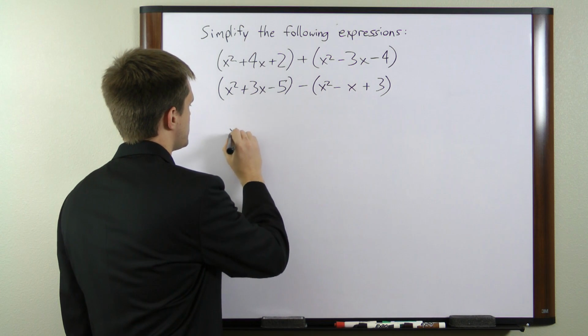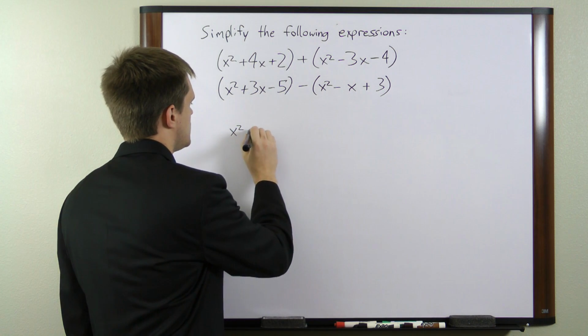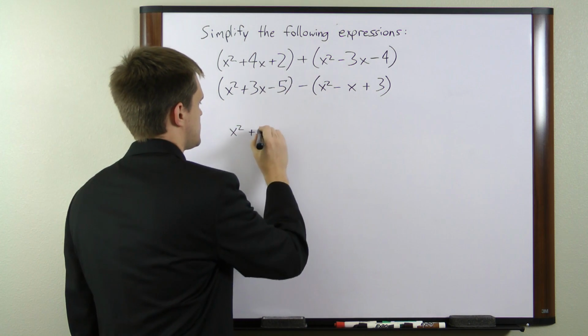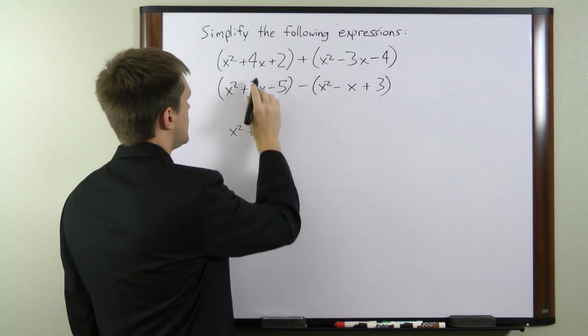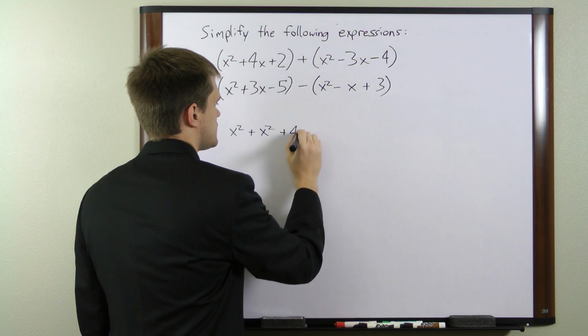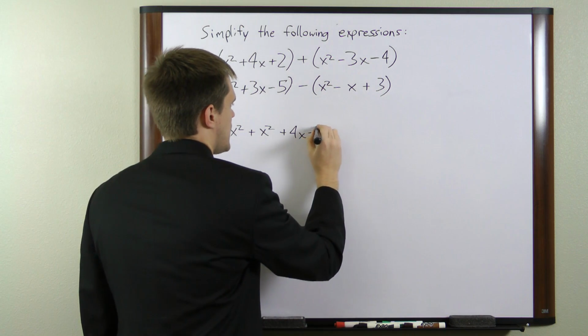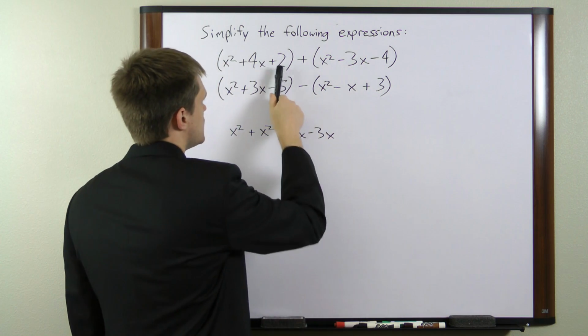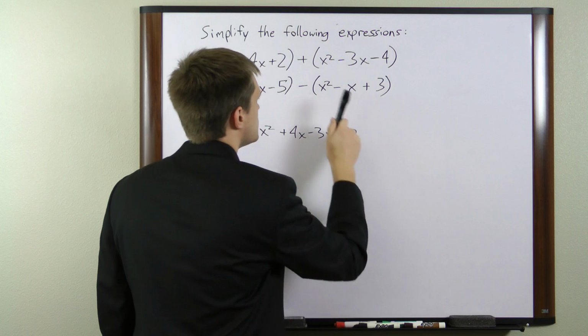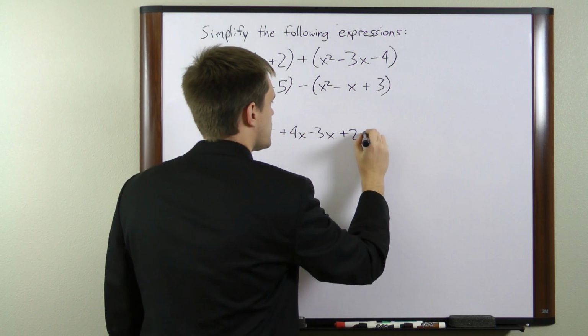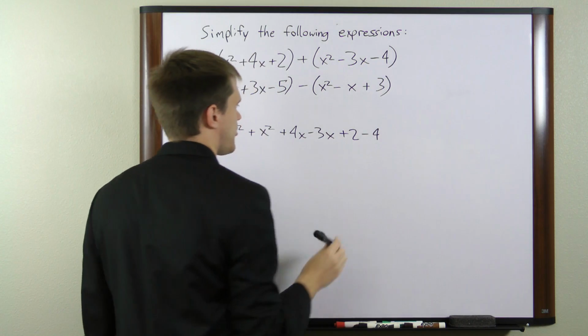We have from the first expression x squared plus from the second expression x squared, plus 4x, plus negative 3x, so we'll have minus 3x, plus 2, plus negative 4, so minus 4.